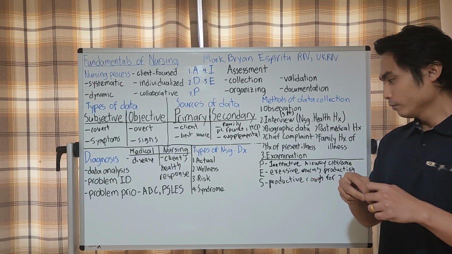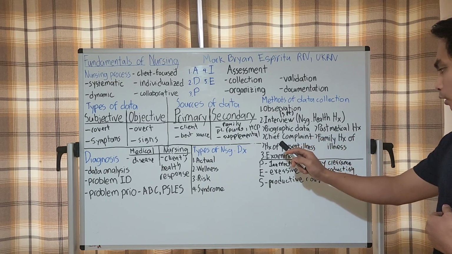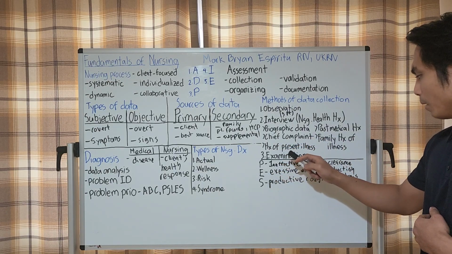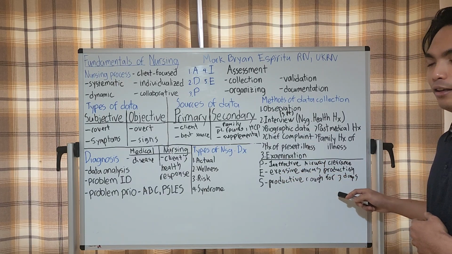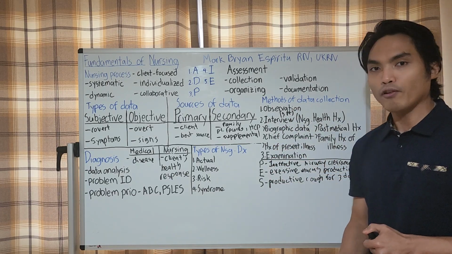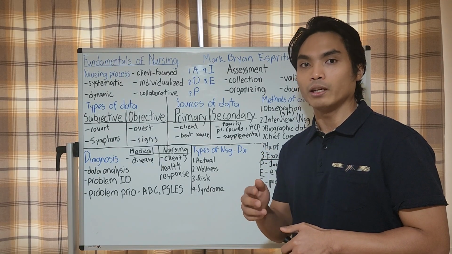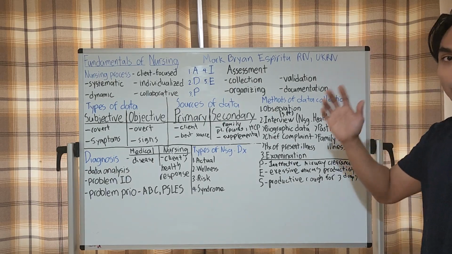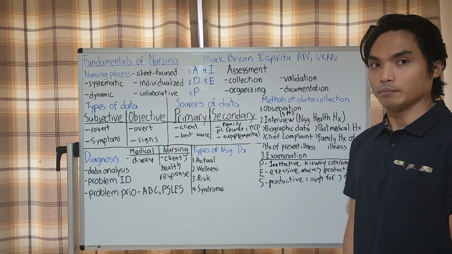There we go. Problem, ineffective airway clearance related to excessive mucus production as evidenced by productive cough for 3 days. This is how we write our nursing diagnosis. You can find all of the nursing diagnosis available in the book NANDA. Right, now that's out of the way, you can pause the video and copy.